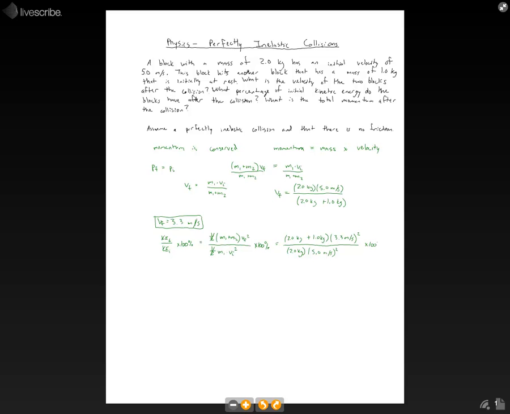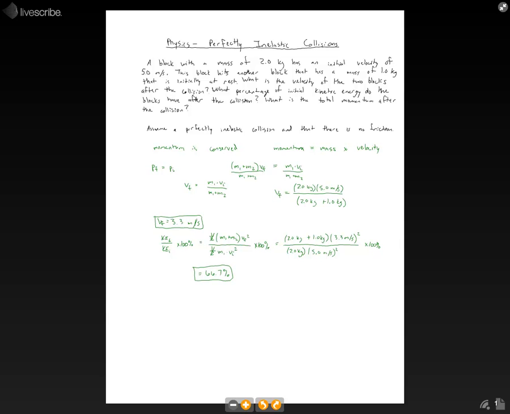And again, remember to multiply by 100%. When you do this, the units should all cancel out, so this should be unitless, which makes sense because this is really an energy over energy term. And so you'll get a decimal of about 0.667, but then we multiply to make it a percent, so it becomes 66.7%. And that's what our answer should be.